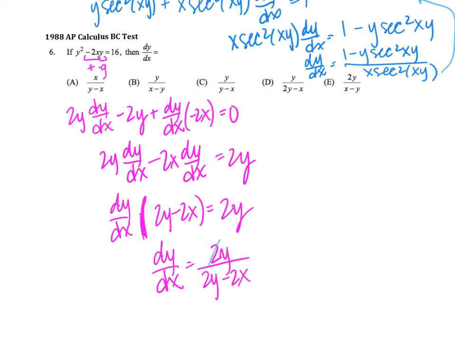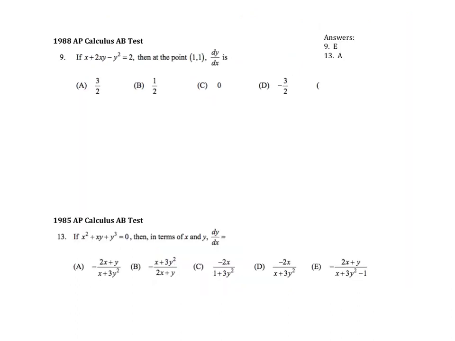What do these all have in common? We can factor 2 out of all of them, leaving me with y over y minus x. All right, the derivative of x is 1. And then we're going to do the product rule. They love to make you do the product rule with implicit differentiation. The derivative of 2x is 2. Leave the g.